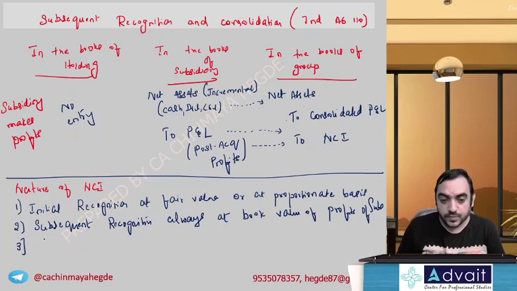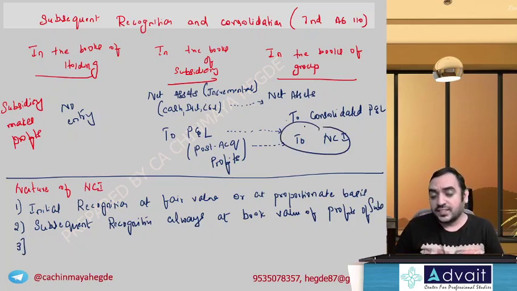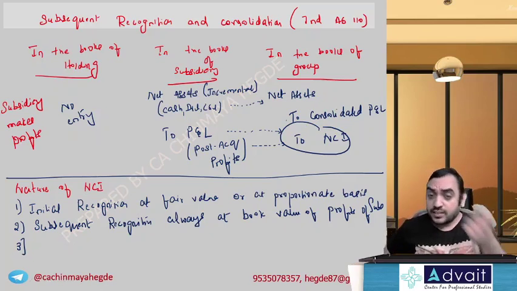Third. If the subsidiary company makes profits, what do we do? To NCI, it will get added. If it is a loss, it will get subtracted.